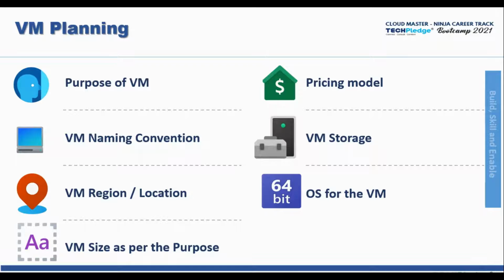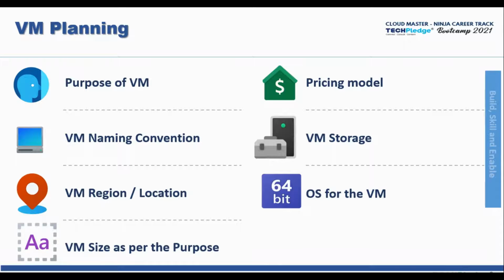And if we want the fastest processing, then we'll go for compute optimization. So these are all the purposes of VM. It is very important, first of all, to know what your purpose is and what you are taking the VM for.